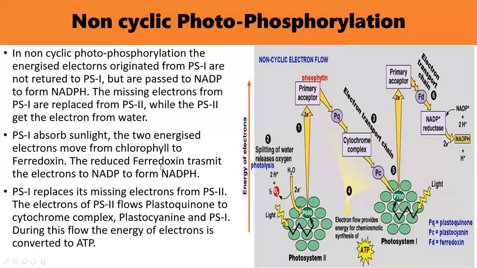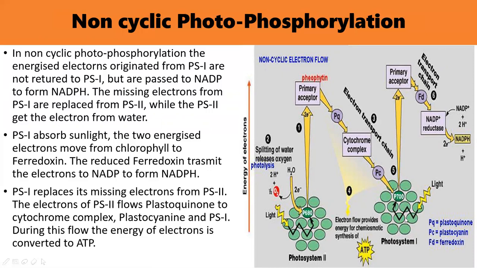In non-cyclic photophosphorylation, the energized electrons originate from photosystem 1 and are not returned to the same photosystem 1. Here, this is photosystem 1, also called P700.